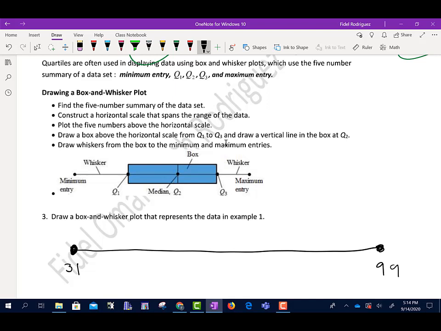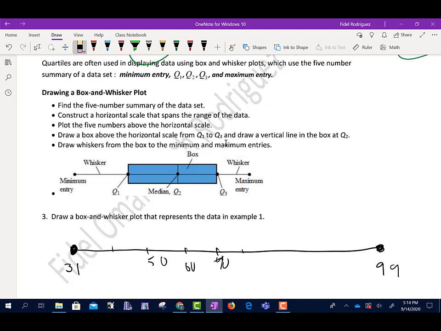Okay, so right in the middle, between 99 and 30, right here would be about 65. So if I go 30, say 40, 50, this would be 60, 70.